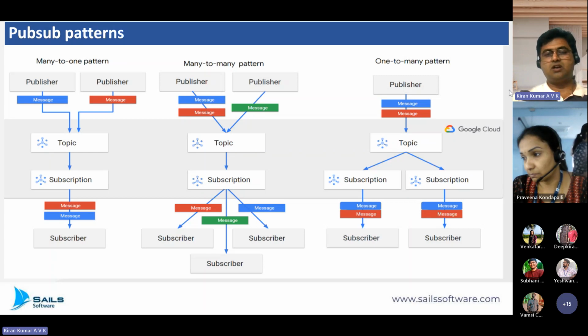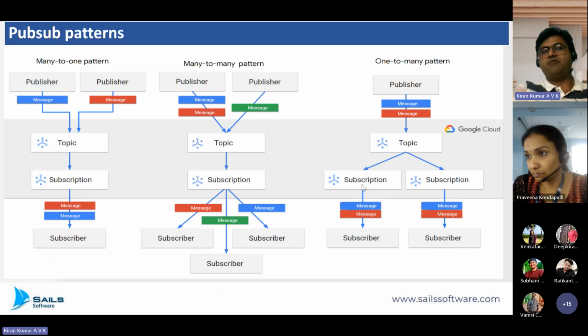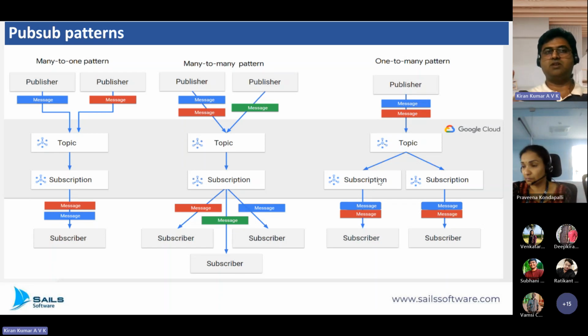Here, the user service will publish a message to this topic. There will be five subscriptions attached to this topic. This is an example for you to understand this.